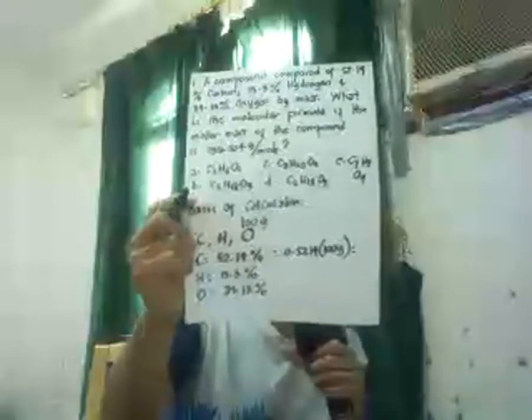So you can multiply that one, right? In algebra, if we speak of "of," that is multiplication. If we speak about "is," that is equal. And we speak about what is x. In this situation, what mass of carbon is 52.14%?